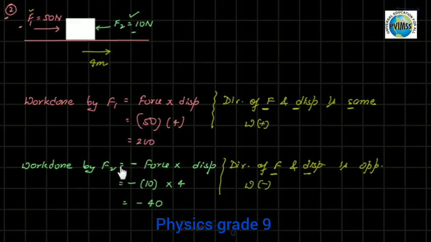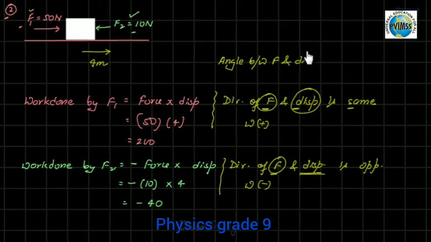Okay students, when force and displacement are in the same direction, work done is positive, and when the force and displacement are in opposite directions, work done will be negative. I hope that you clearly understand these 2 points.